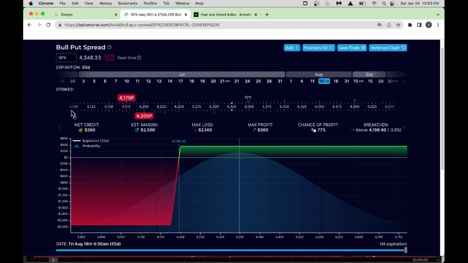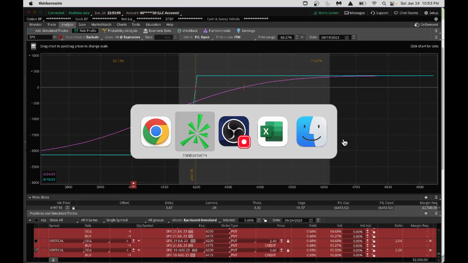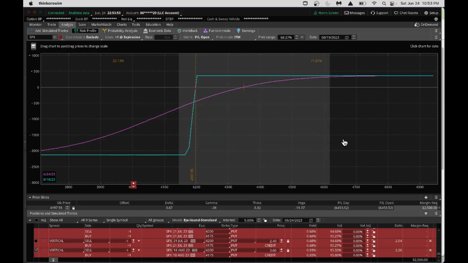Look, we're getting a $360 credit here. And look, max loss is 2140. That's also your buying power reduction here. And look, chance of profitability is good, 77%. You could basically confirm and send this and go from there.